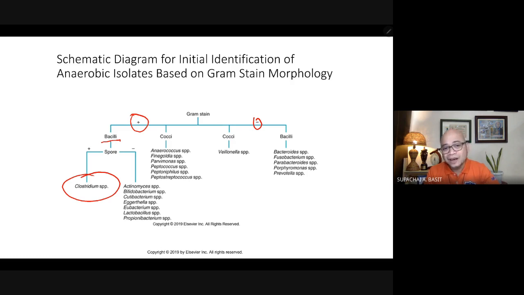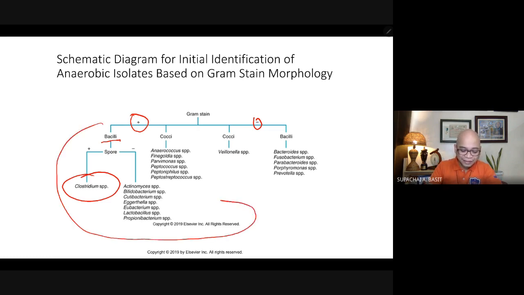Now we also have anaerobic non-spore forming bacilli. Various genera of bacteria fall under this, including Actinomyces, Bifidobacterium, Cutibacterium, Eggerthella, Eubacterium, Lactobacillus, and Propionibacterium. These are the gram-positive anaerobic bacilli.